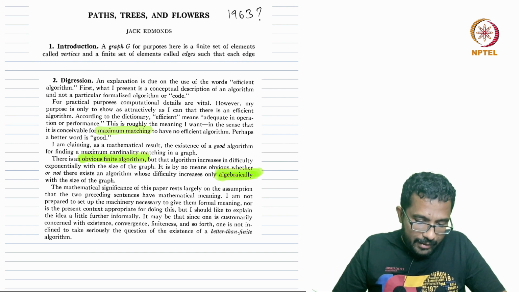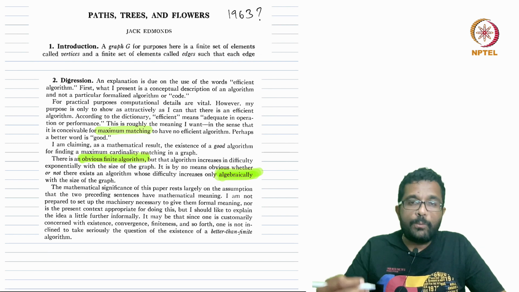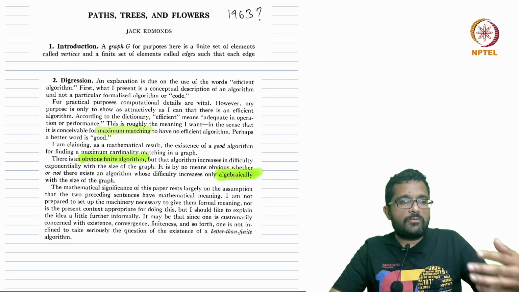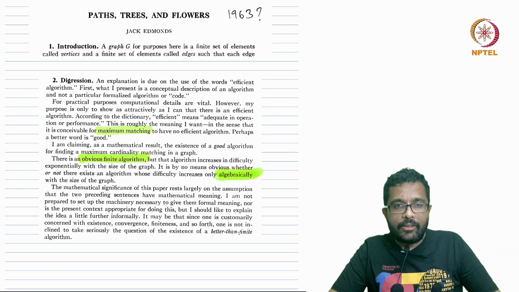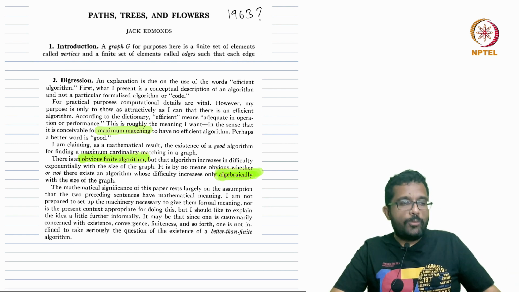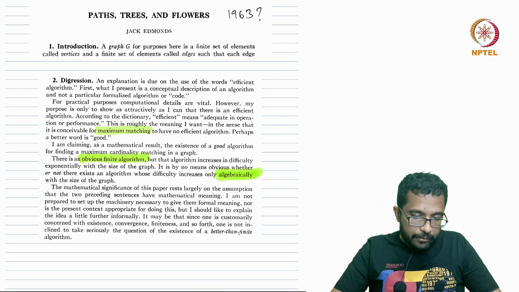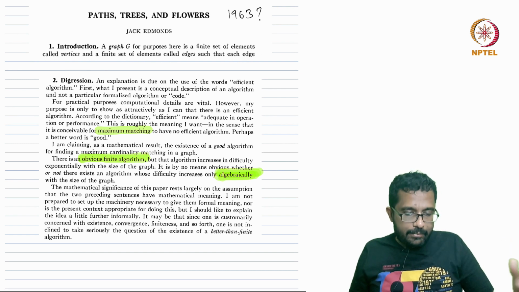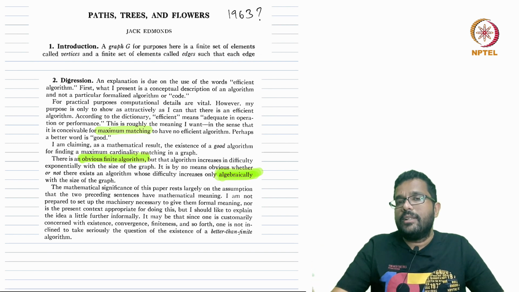The mathematical significance of this paper largely rests on the assumption that the two preceding sentences have mathematical meaning. Right? So he wants to say that obviously algebraic or polynomial is better than exponential, and assuming that, he goes to his algorithm. But unfortunately the theory was not there then. So by putting forth the small section called digression, he goes on to explain.